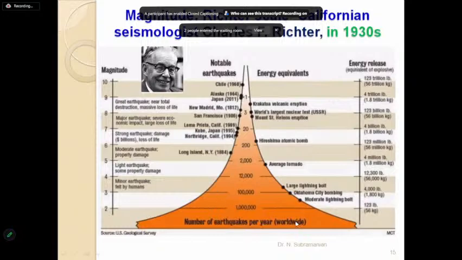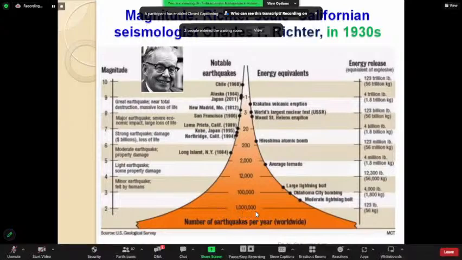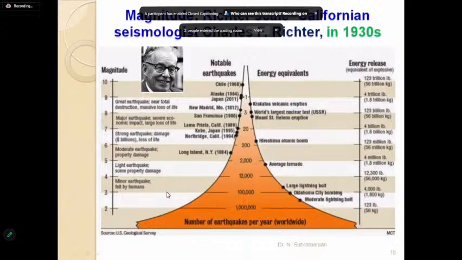So this shows the number of earthquakes per year. Scale 2 occurs 1,000 times, but most of them are not felt, and like that, up to only one per year. And I have shown some of the earthquakes of these magnitudes.